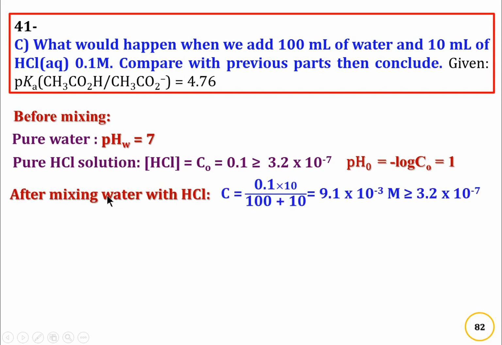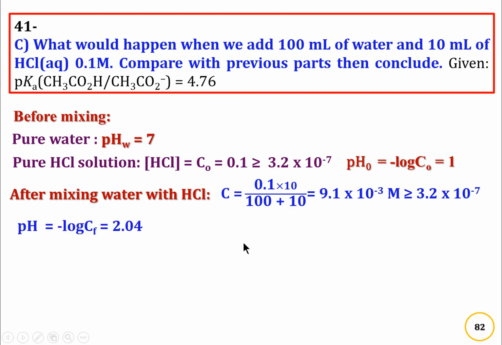So we will have dilution of the HCl, and C initial V initial is equal to C final V final. So the final concentration is equal to the initial concentration 0.1 times V initial 10 divided by V total, which is the V initial plus the volume of the water added. So the new concentration equals 9.1 10 minus 3 M, greater or equal to 3.2 10 minus 7.